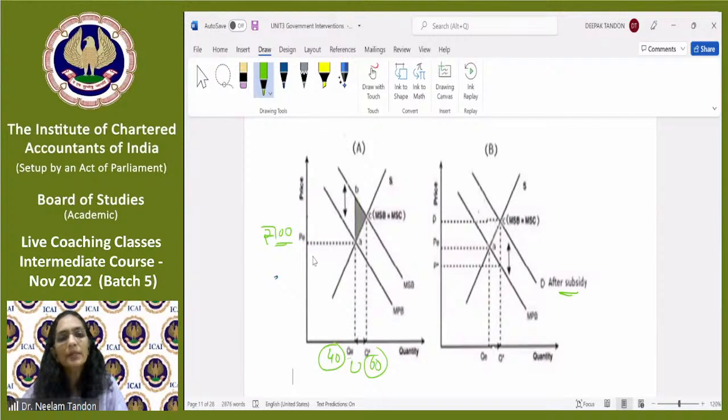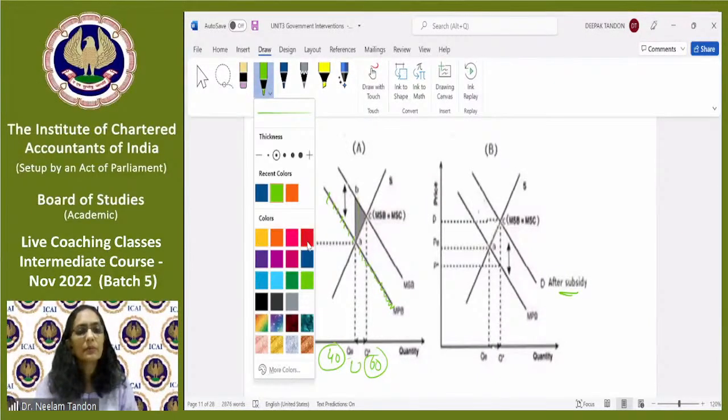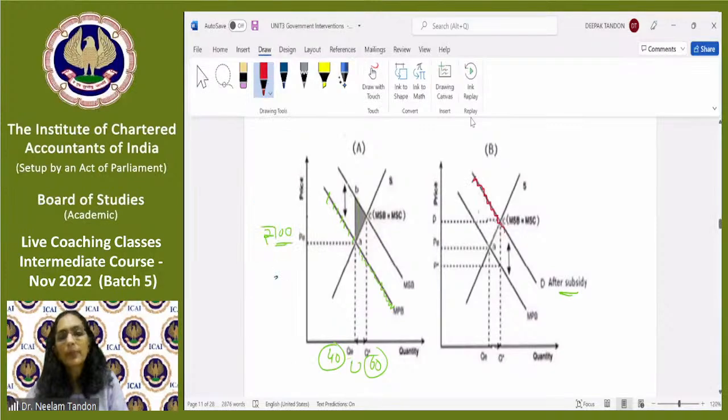Initially, what was your demand? This was the demand. Now the new demand is this. And how was this new demand possible?